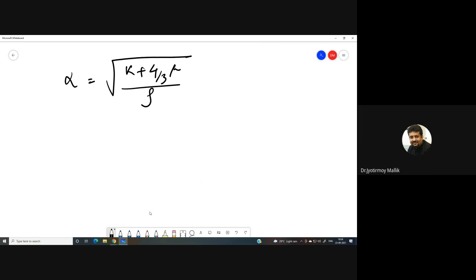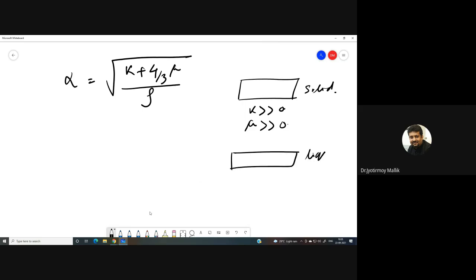Now we know for a solid, it has both: a positive k and a positive mu. For a fluid or a liquid, it has a positive k, but mu is 0.